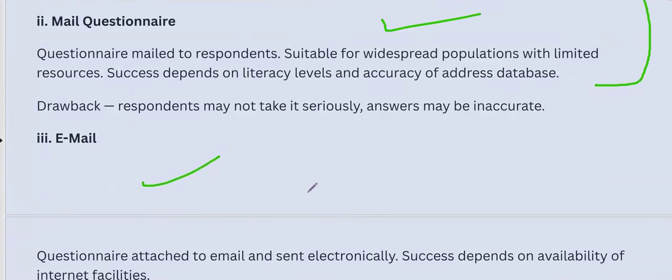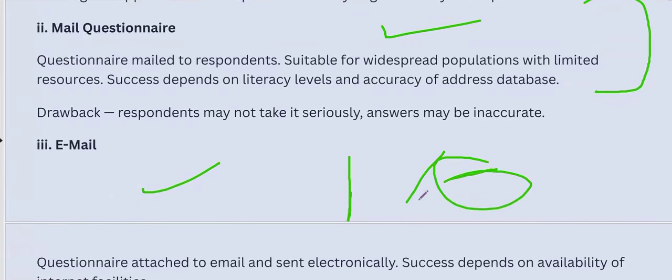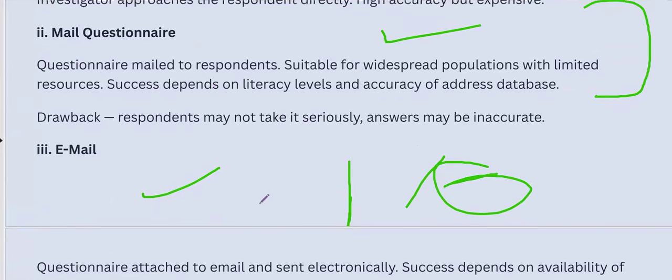Email and mail are similar; you can either post or you can have electronic mails. Both have the same issues. See, email is convenient and affordable. However, there are limitations. You can also post the questionnaire, but that will be costlier compared to your email.